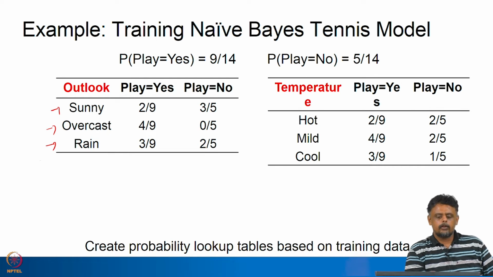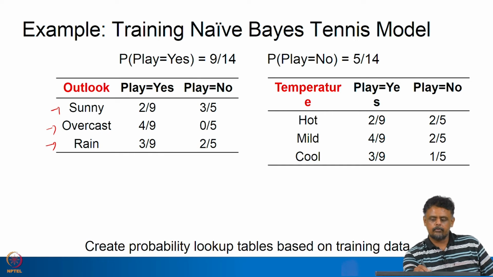If you go back and look at the counts, out of the 9 times when play is yes, that is, given that we decide to play, twice it is sunny, 4 times it is overcast and 3 times it is rainy. That probability we can just calculate as a frequency. Similarly, out of the 5 times when we decide not to play, when the class is 0, 3 times it is sunny, 0 times it is overcast, 2 times it is rainy. We will see how to deal with this 0 later, but that is fine for now.